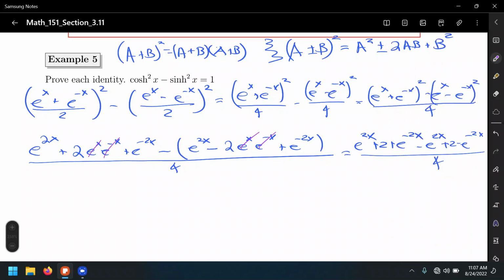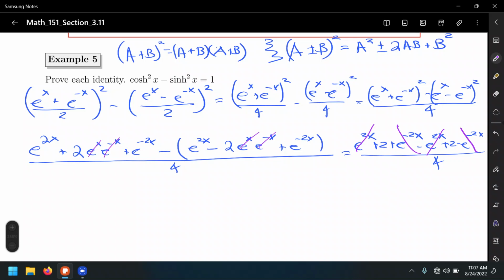cancel terms out. Alright? So let's cancel this e to the x with the negative e to the x. They're like terms, they're just opposite in sign. We can also cancel out this e to the negative 2x with e to the negative 2x. Right? And what else can we do here?